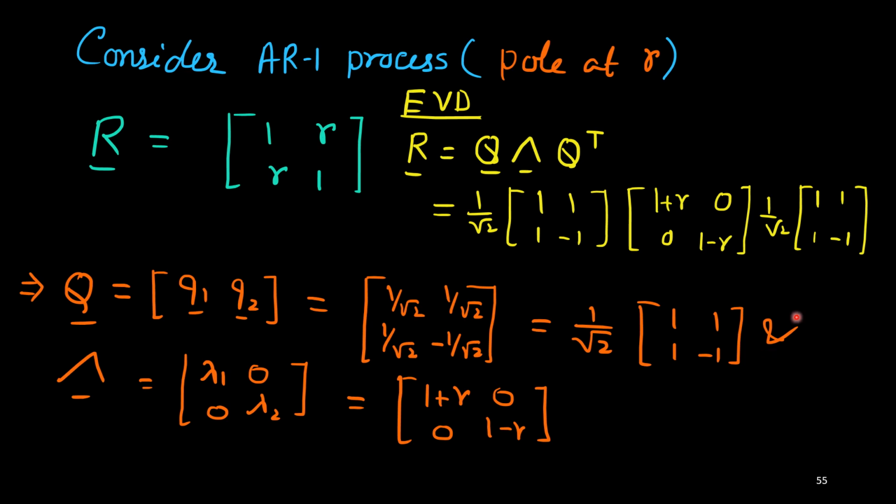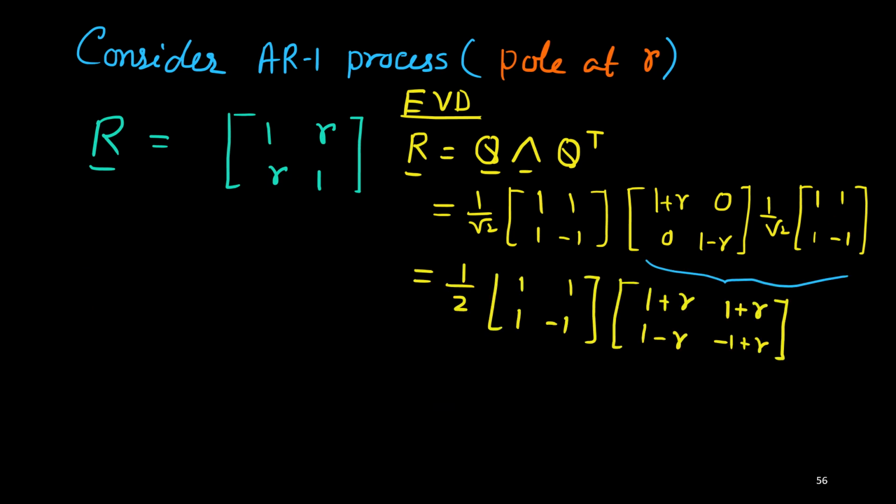Now, we want to show that this product is exactly giving you this matrix 1 r r 1. Let us see. We will verify this one. So first, this 1 upon root 2, 1 upon root 2, I'll multiply and it will give you 1 upon 2, and these two I can multiply, 1 plus r 0 0 1 minus r with 1 1 1 minus 1.